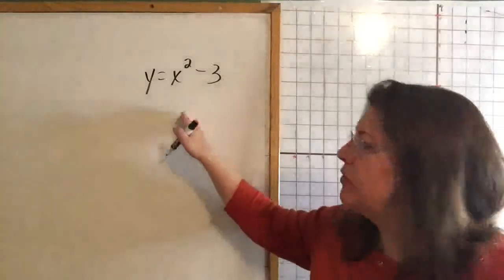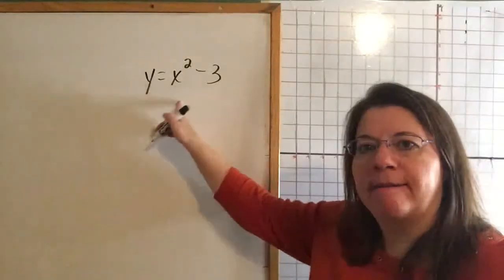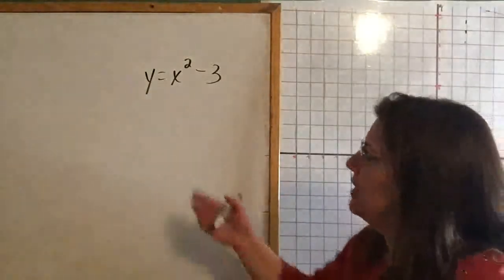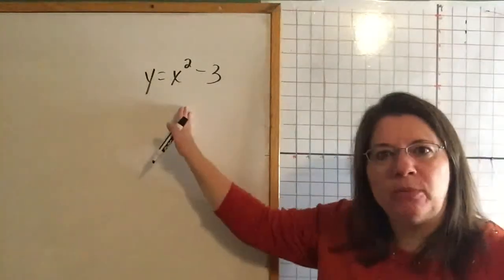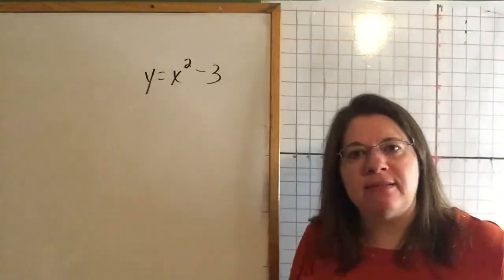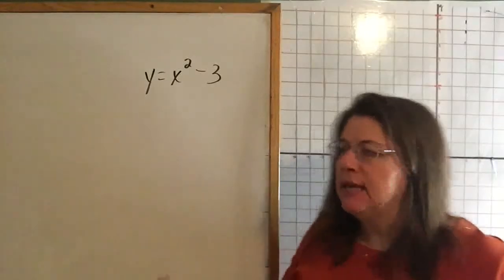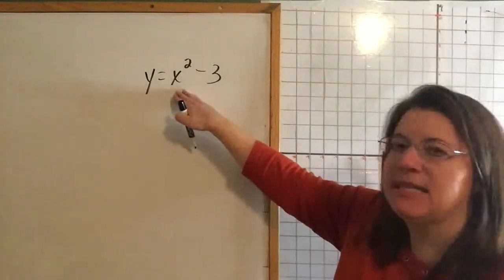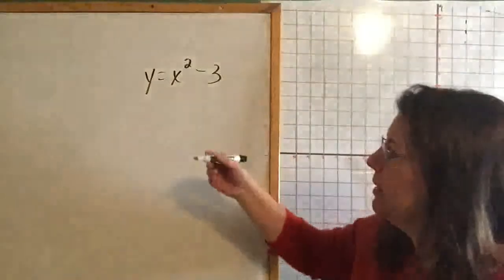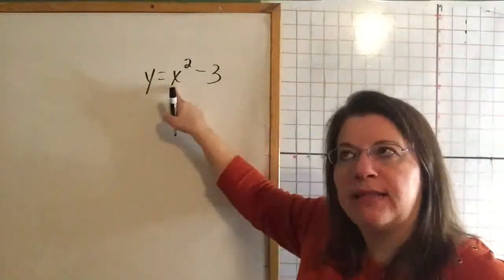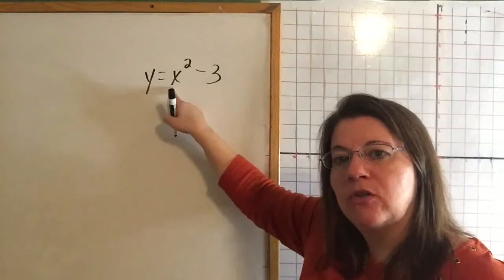Sometimes students see a problem like this and they get upset because they think it's different than the ones that we've had so far. It looks a little bit different at first, but really it's easier than the ones we've already done. If you think about this, it's in standard form right now, but it would be really easy to convert that to vertex form because in vertex form, isn't it x minus h squared?